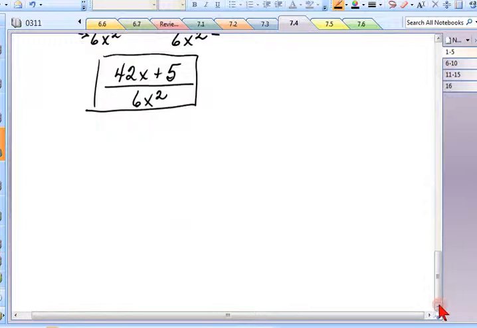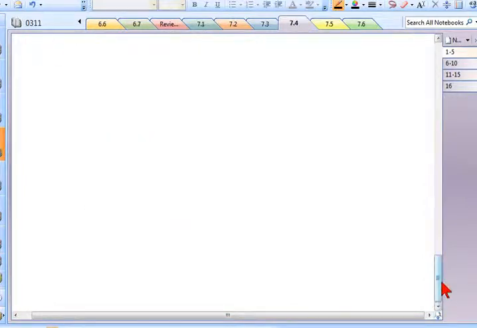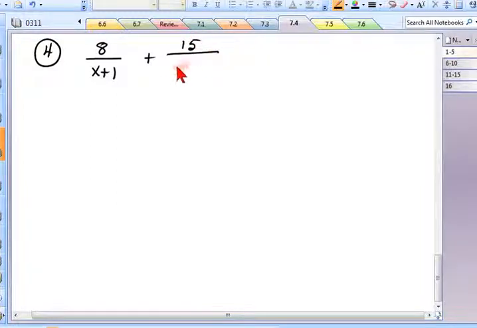Okay, let's look at 4. I have 8 over x plus 1 plus 15 over 5x plus 5. Now this problem takes a little bit of a different turn because these denominators are no longer monomials.